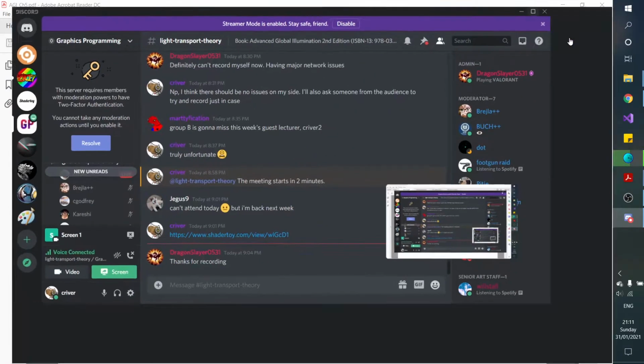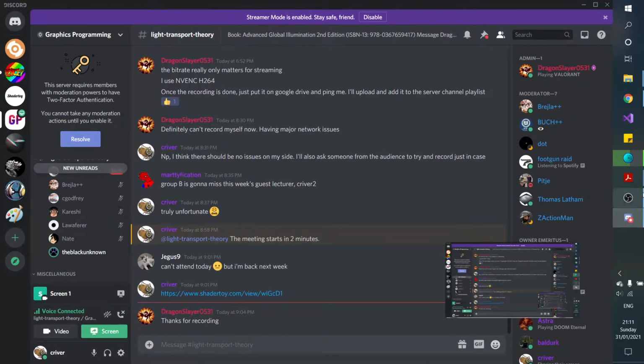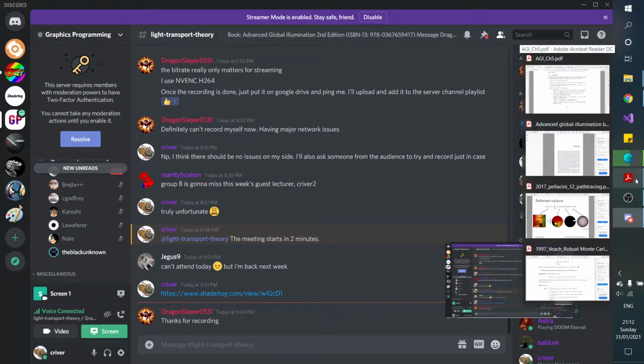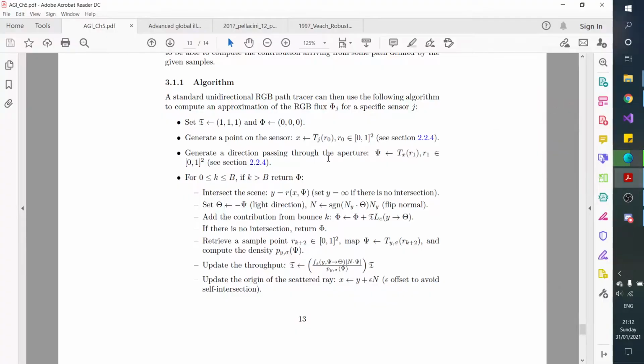I have a quick question. Can you remind us how the throughput is related to, maybe, the importance, or is it something else? The throughput contains parts of the rendering equation, as you can see, divided by the density of the mapping that you used to go from [0,1] to, let's say, uniformly distributed or cosine distributed points on the unit upper hemisphere.